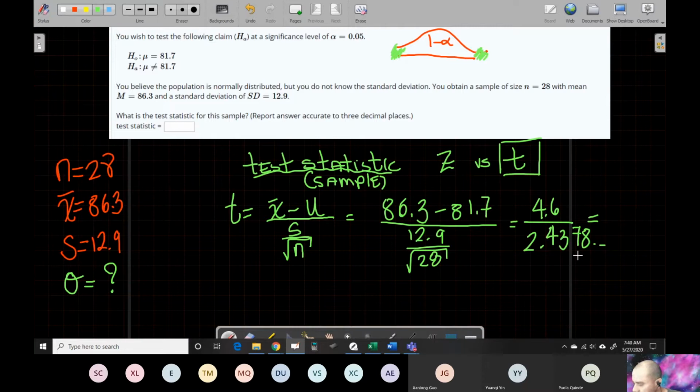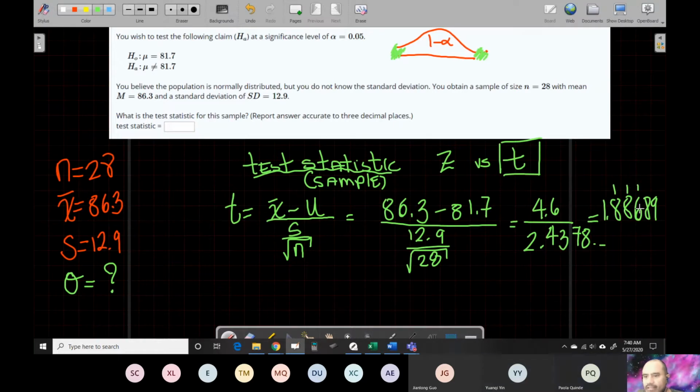I'm going to use that 4.6 and divide it by that long number, and the answer is, sorry, I'm going to write it here for you because I can't. The answer is 1.88689, and it continues. Now, they say report answers accurate to 3 decimals. So I'm going to use 1, 2, and 3.